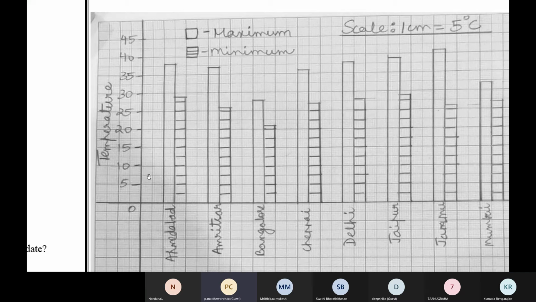Ma'am, 9. There are 9 divisions. There are 4, then the middle one, again 4, 9 in all. See here, after 5 there are 4 divisions, then the middlemost one, then again 4 divisions. 4 plus 4, 8 plus 1, 9.